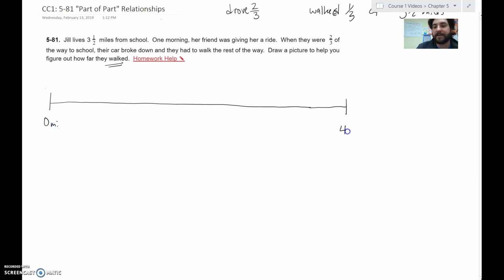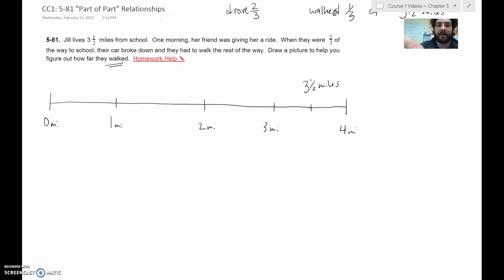Here's 4 miles. And then this would be 2. 1 would be here. And this would be 3. And then 3.5 would be right here. So this is 3.5 miles.